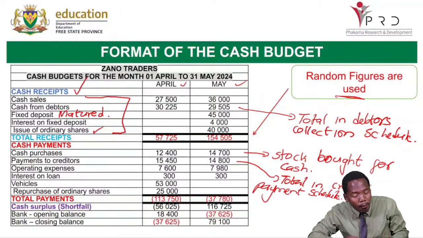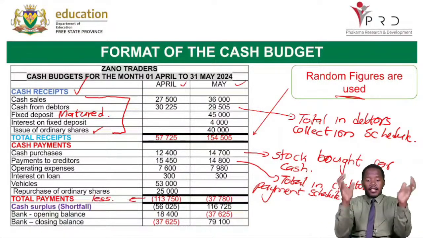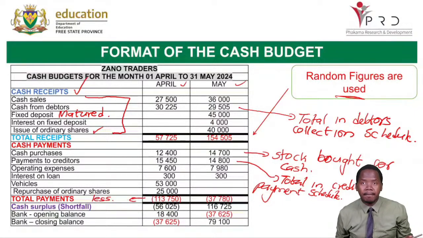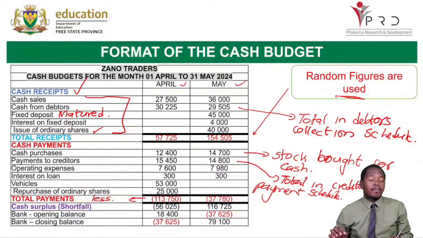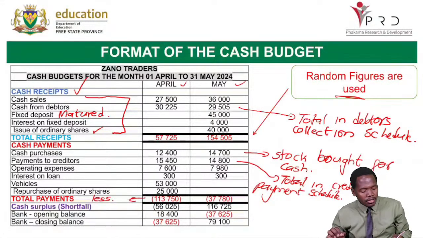And then now, what is important? Don't forget, this amount is subtracted. We subtract it, we put it inside the bracket. Those are the payments. Right, now we are looking at the next item now. How do I calculate my cash surplus or cash deficit or shortage?